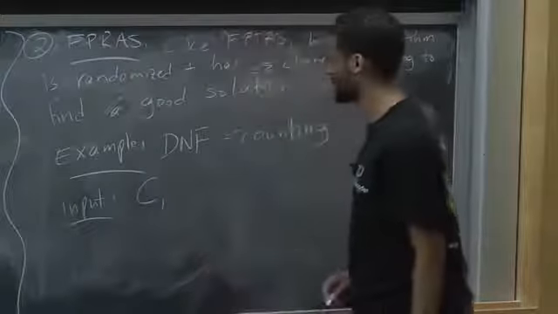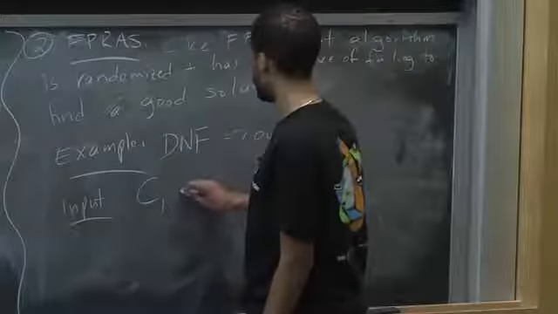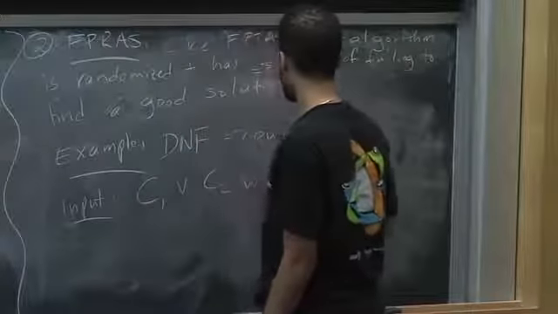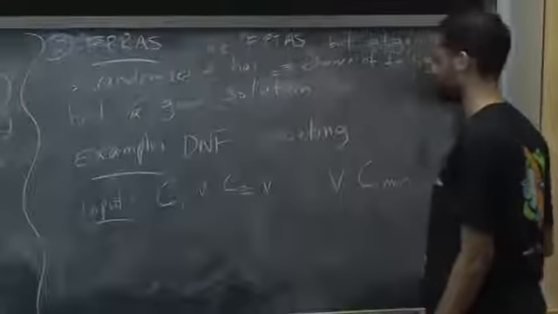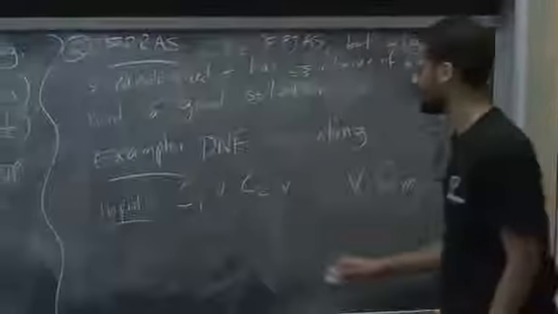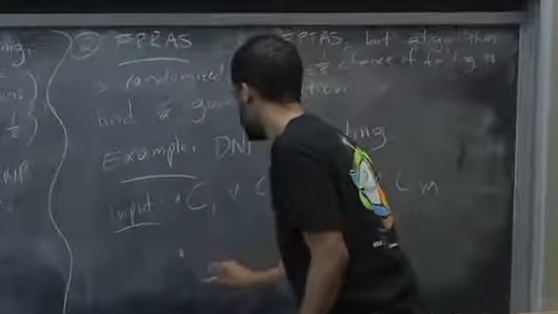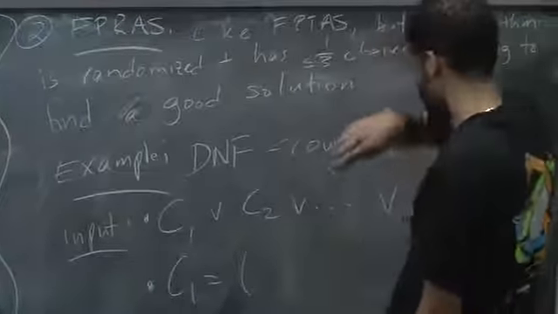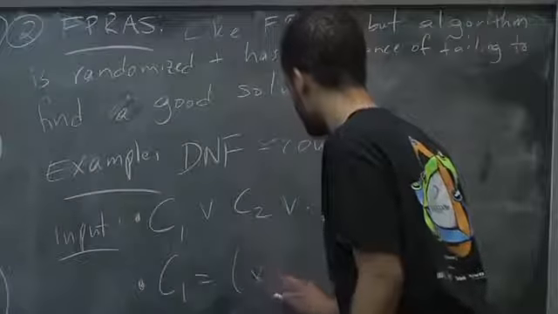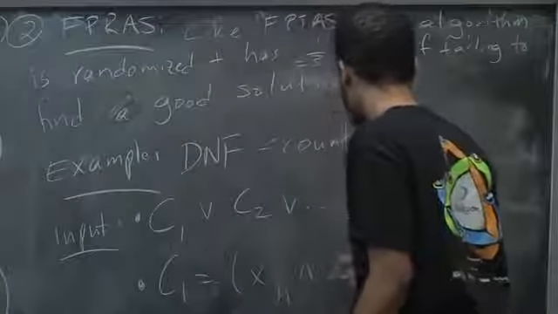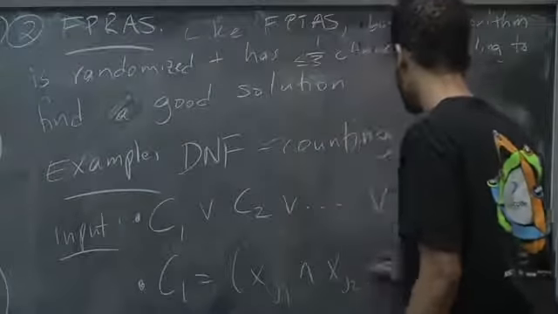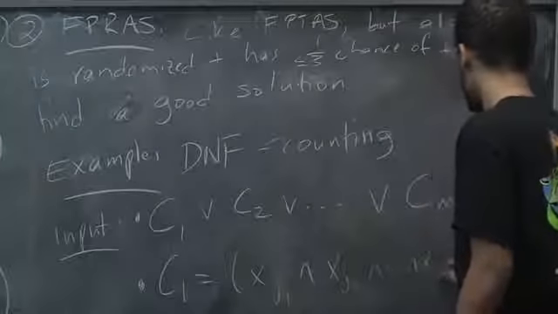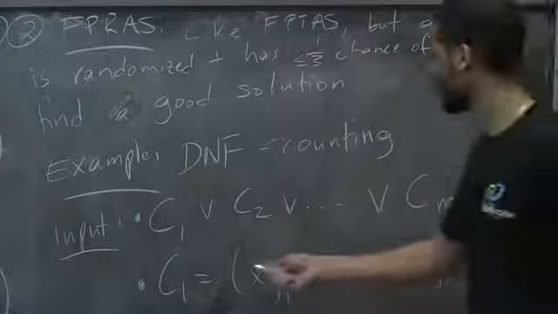I'll say what a clause is in a second. And a clause, some Ci, looks like some x_j1 and x_j2 and whatever, and x_jr. And some of these might be negated.